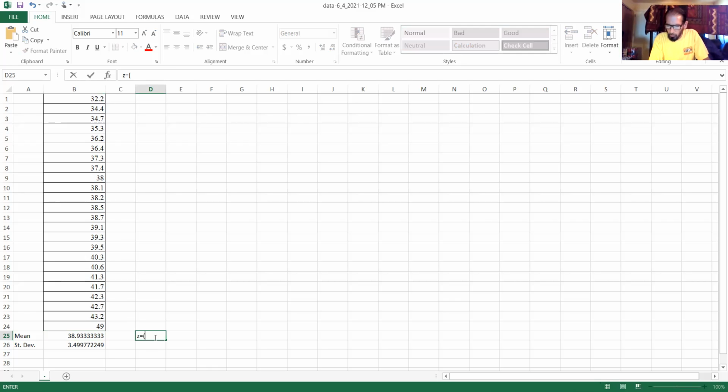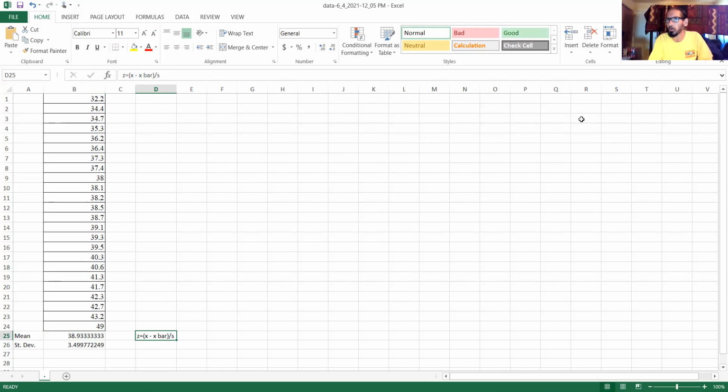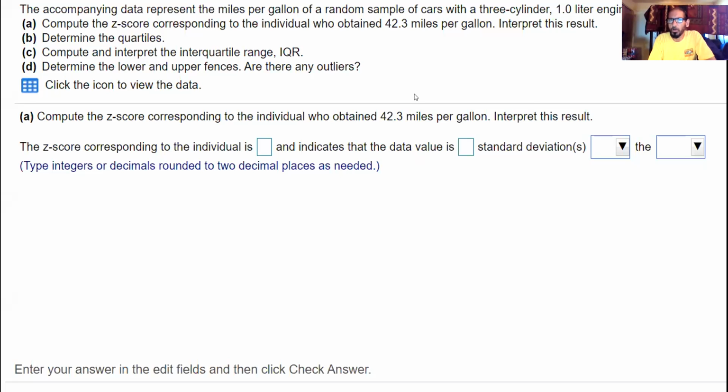So our z-score, remember, is X minus X bar over our standard deviation S. And in that case, the question was asking for the value of X, 42.3.